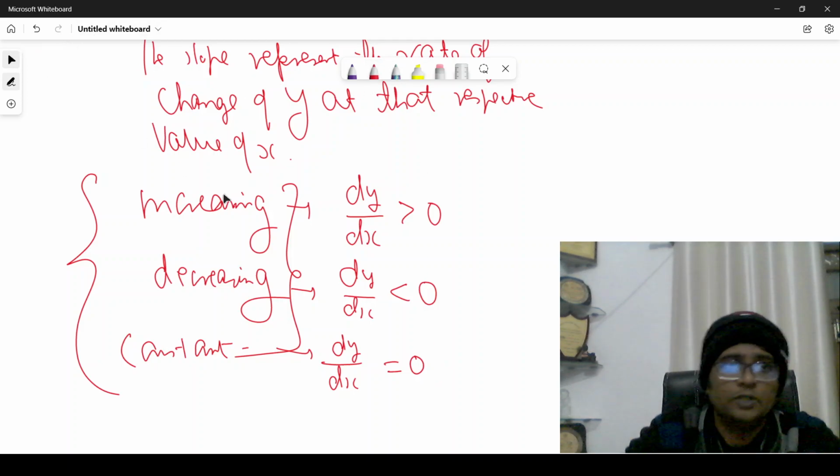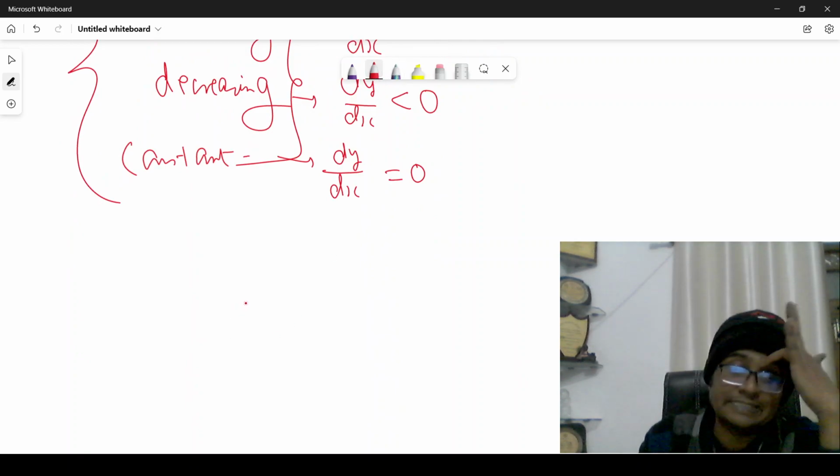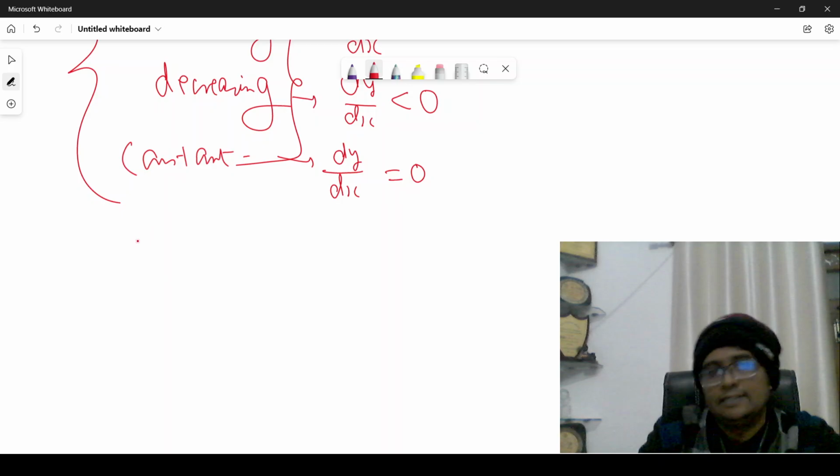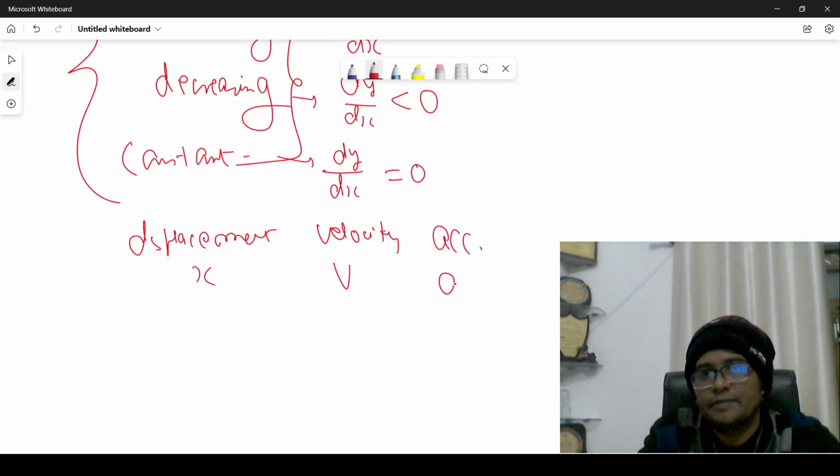Now I will explain the same thing in terms of displacement x, velocity v, and acceleration a.